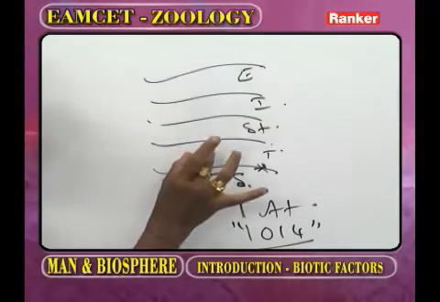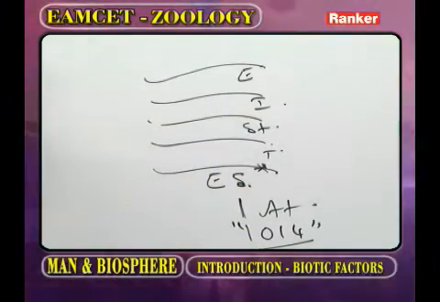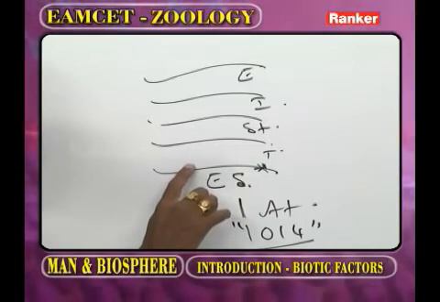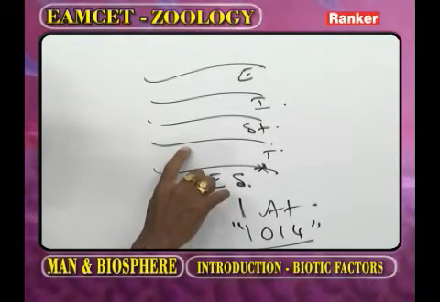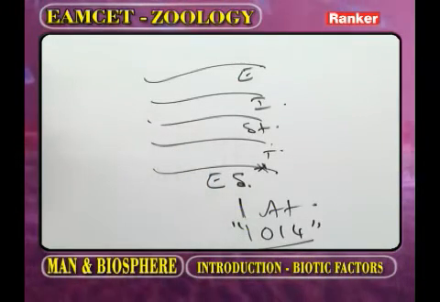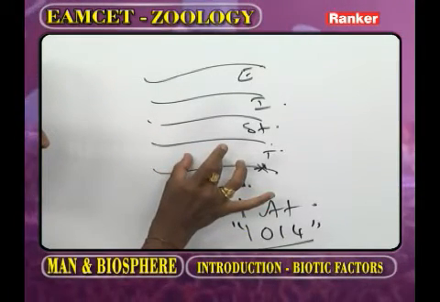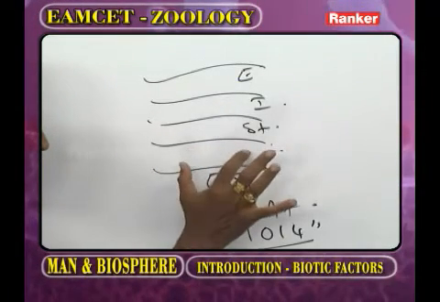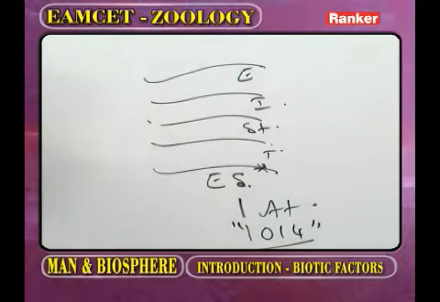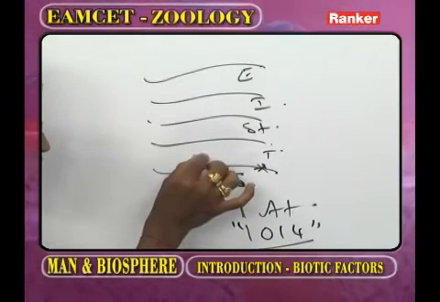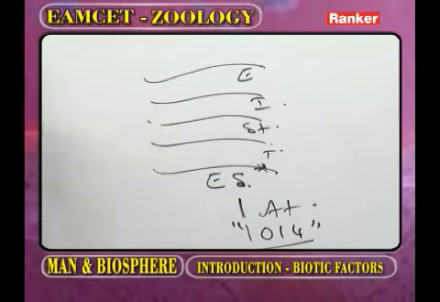Most of the oxygen is present in the troposphere. As the height increases, the oxygen decreases. Almost all the air mass is present in the troposphere, so it is the most turbulent layer.